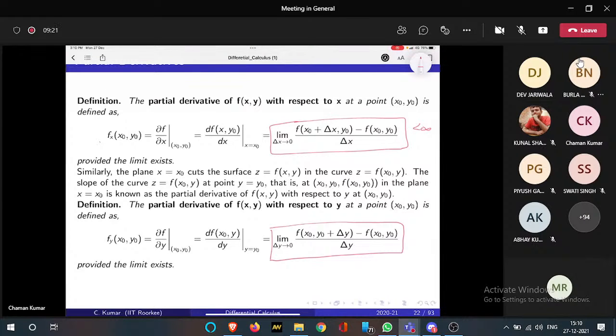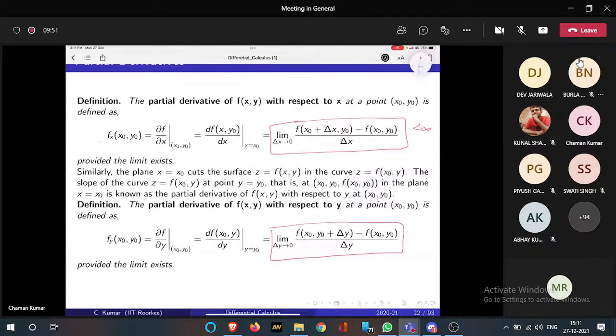So you see that we have seen the definition of the limit, right? And we have seen that to show that the limit exists, we have to come from all directions. And to show that the limit does not exist, you show that there are two directions which lead to different limits. Since in this case we have fixed one variable, in the first definition we have fixed the variable y, I have a function of only one variable.